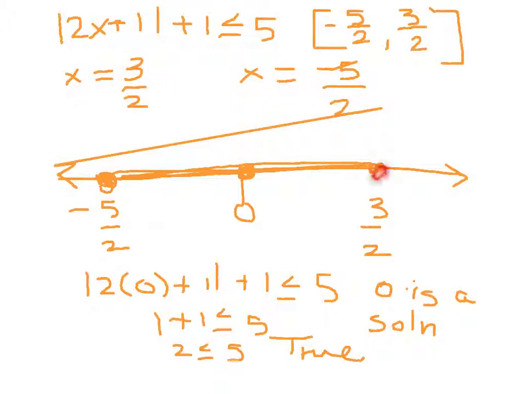We graphed those two solutions. It had to be equal because this was equal, and I chose a point in the middle. Because when I chose 0, I got a true statement, I knew 0 was part of the solution, so I had to graph to include 0. If it was false, then my graph would have gone this direction and that direction instead. Alright, that's the end of that one.